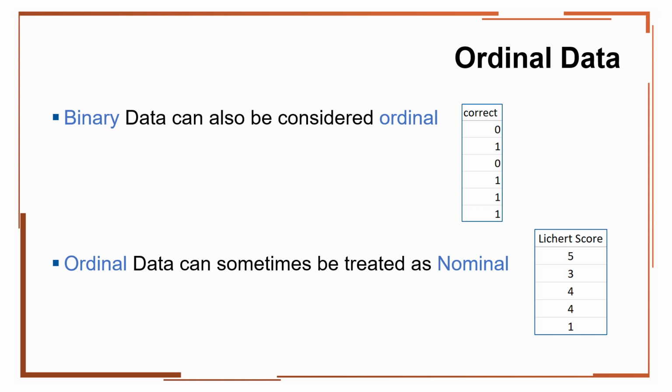Binary correctness, for example, conceptually represents ordered data, where correct is often considered as a higher score than incorrect. Similarly, however, from a prediction modeling perspective, we can also sometimes represent ordinal data as nominal, although doing so may ignore certain dependencies or trends within these features.